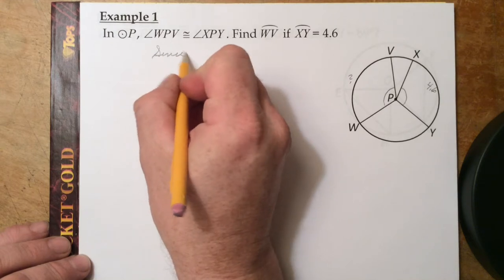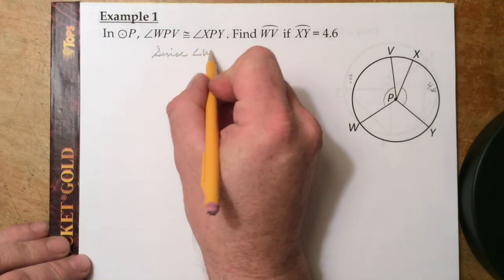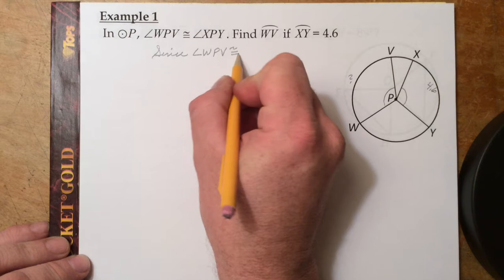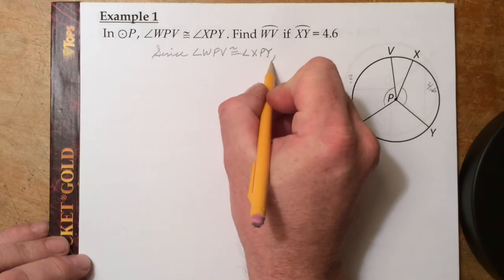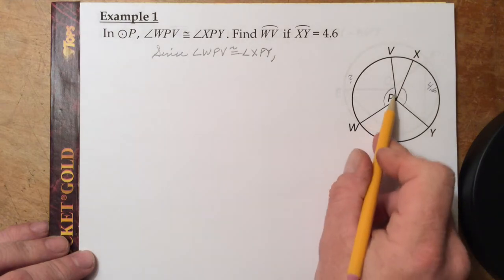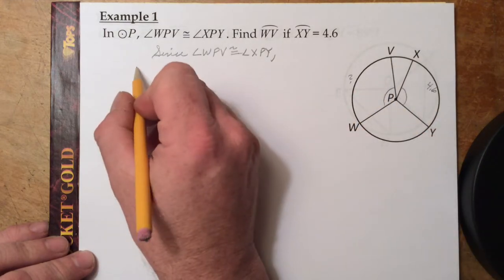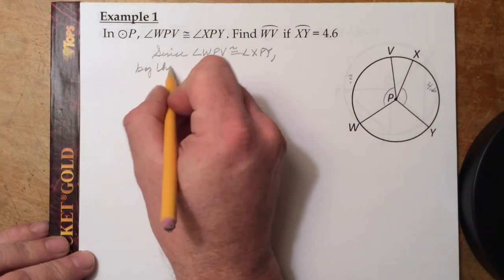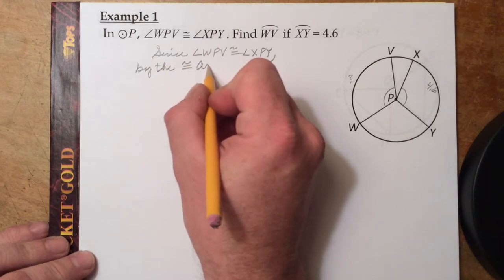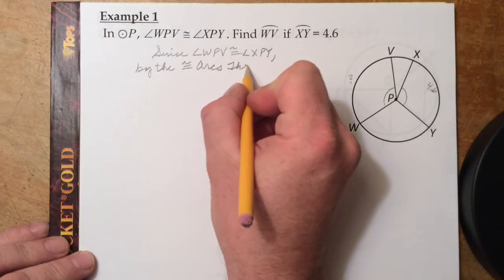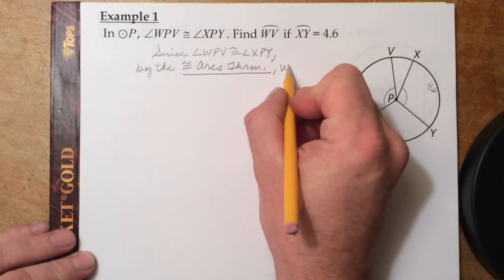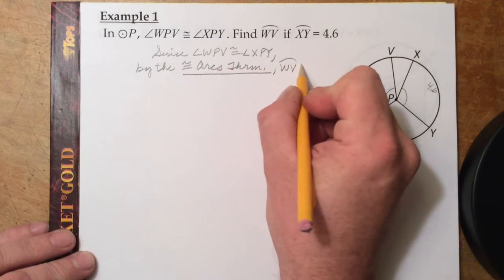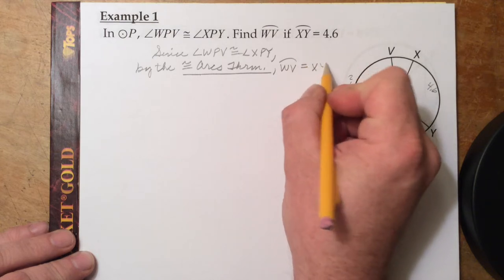Since angle WPV is congruent to angle XPY, their corresponding arcs must be congruent. By the congruent arcs theorem, arc WV must equal the length of arc XY.